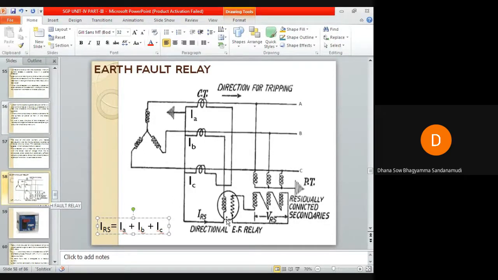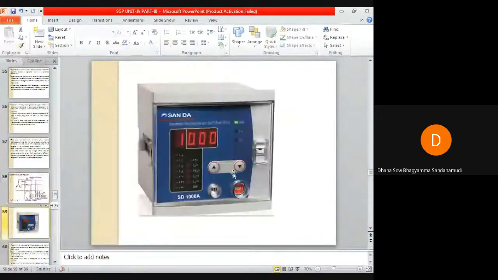So the fault impedance of the earth fault of the phase.